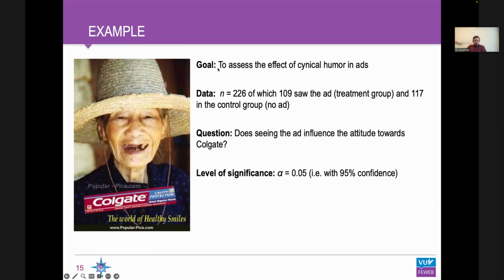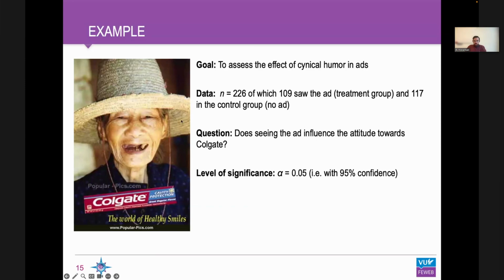The goal here is to assess the effect of cynical humor in ads. They collect data from 226 people, and 109 saw this ad, which would be the treatment group, and 117 did not see this ad.